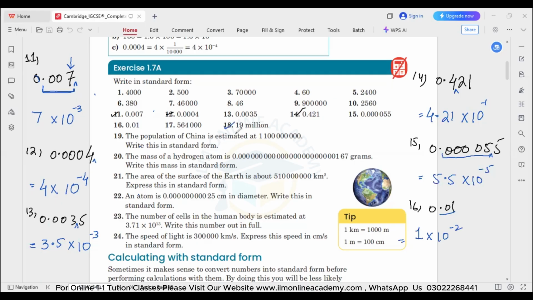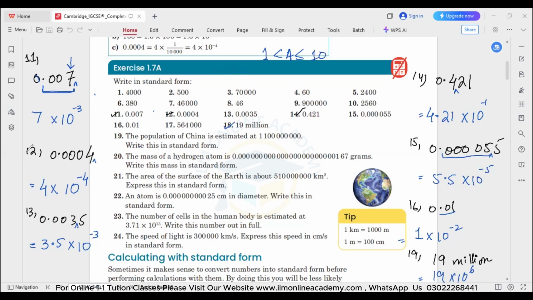For this number, as they gave us 19 million, you know that in a million we have 6 zeros, so we can write 19 million simply as 19 times 10 raised to the power 6. But 19 is not in the range that we want. Basically the range for A is between 1 and 10.